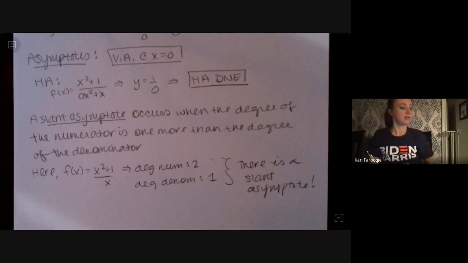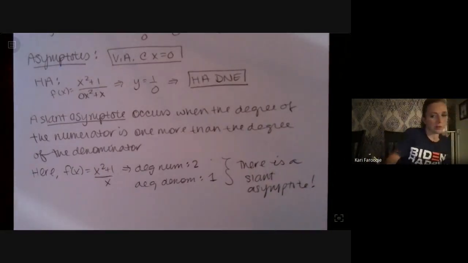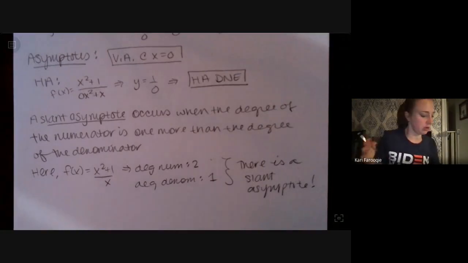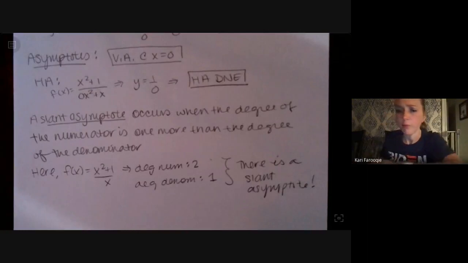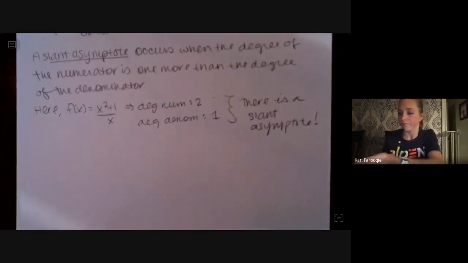Okay, so let me show you how to find the slant asymptote. You're probably going to be mad about this one because when I get done showing you how to find it, it was actually there all along. But it's not always going to be the case. So I want to show you how to find it in general so that you'll know how to find it next time. Okay. Let's do some polynomial long division.